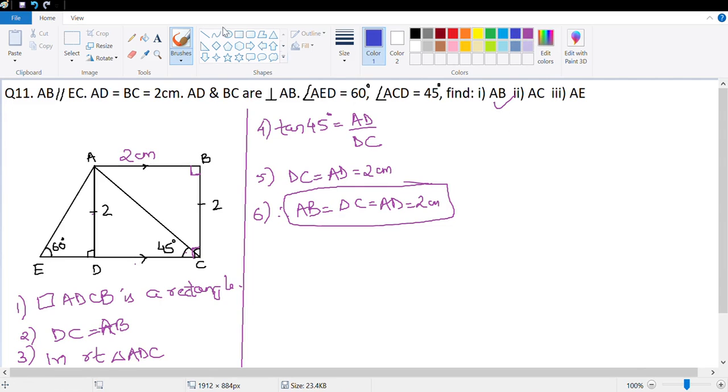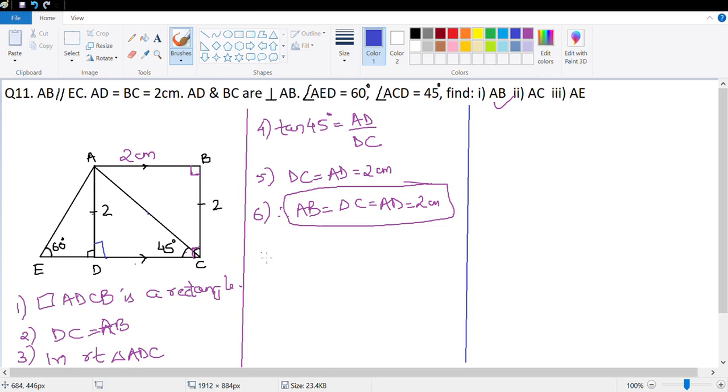Next part of the question. I need to calculate AC, which means I need to calculate this length. I have the perpendicular given, I need to find the hypotenuse, which means we should look at sine.